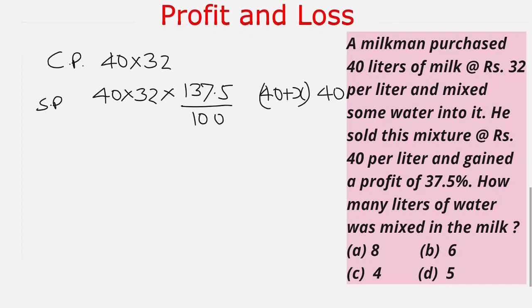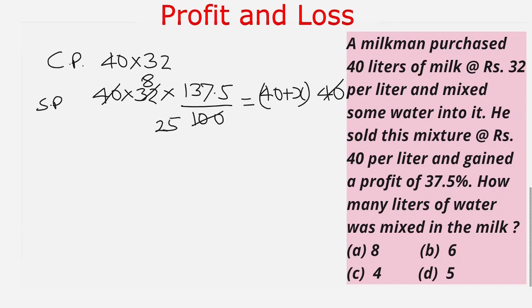So we write (40 plus x) multiplied by 40, and these two selling prices must be equal. So we equate it. Now we have to solve the equation and find the value of x, which will be our answer. So the 40 cancels on both sides, 4 cancels 32 eight times and 100 twenty-five times.